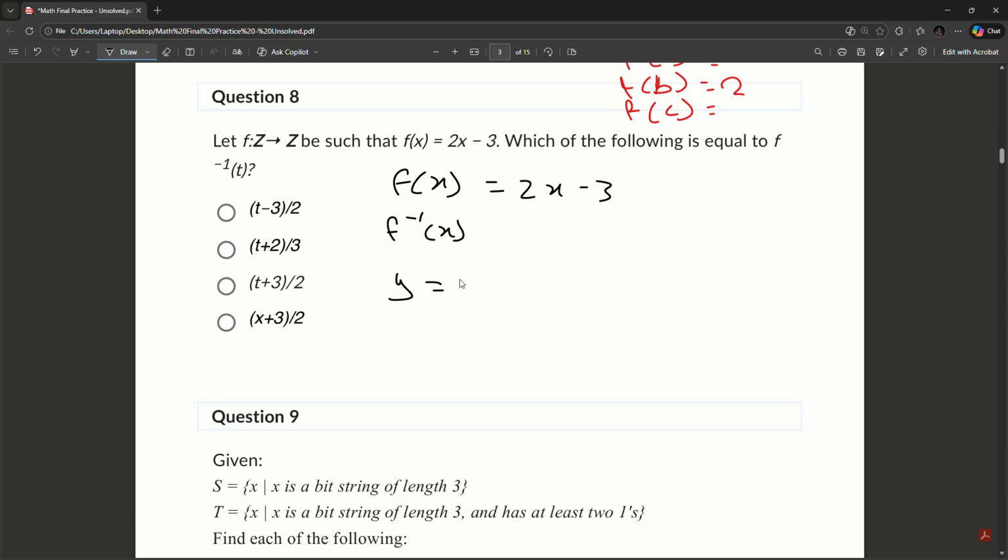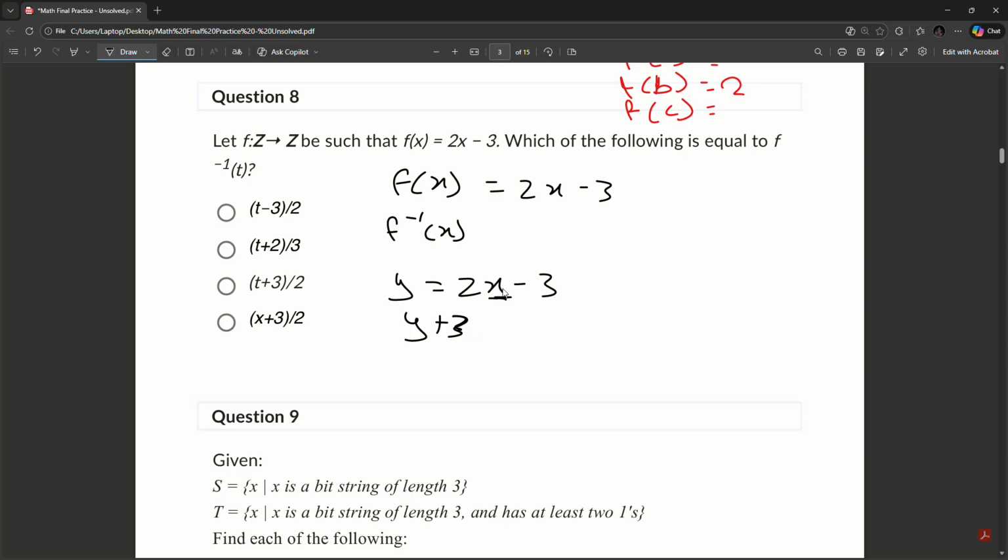So y equals 2x minus 3, and then I make x the subject. The common rule is that if you move something to the other side, its operator will be flipped.